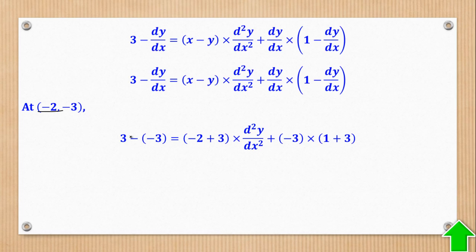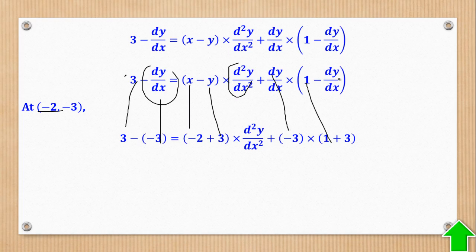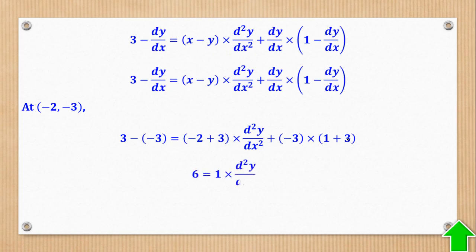So at this point, you can substitute. Remember, dy dx we already got, it was -3. Then x is that, y is that. Dy dx was -3, 1 then -3 gives you +3. So simplify and make the second derivative the subject. And that's what they wanted.